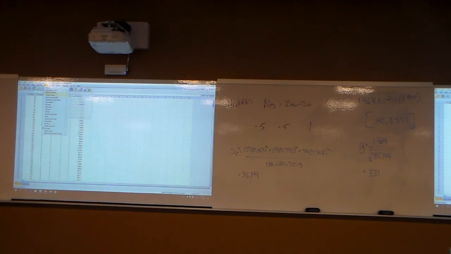So we're going to go down and say generalized linear model, univariate. Conservatism is our outcome, with gender and religious affiliation as factors. Under options: homogeneity of variance, descriptives, estimates of effect size.